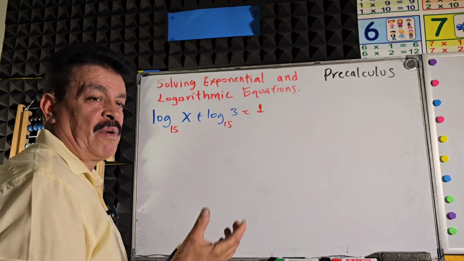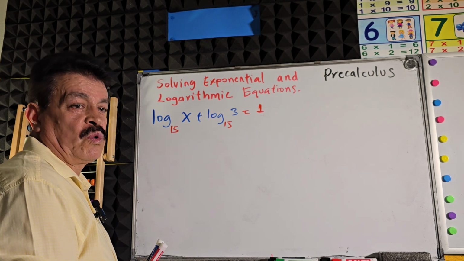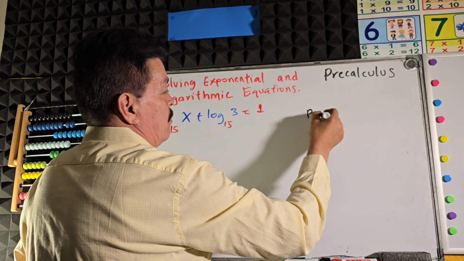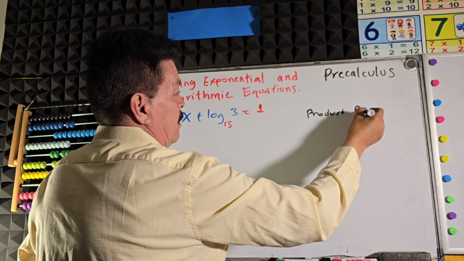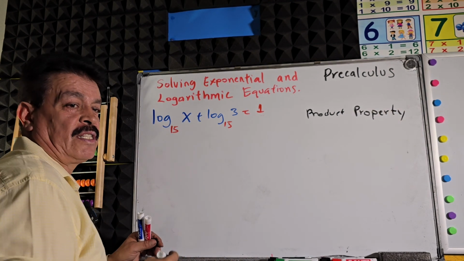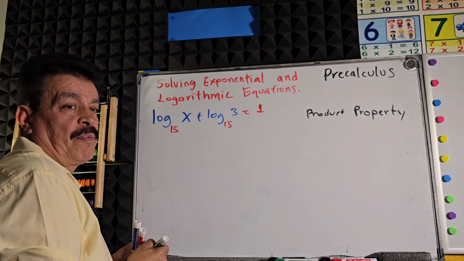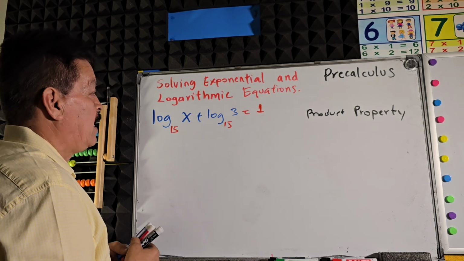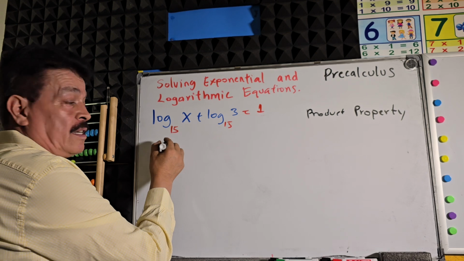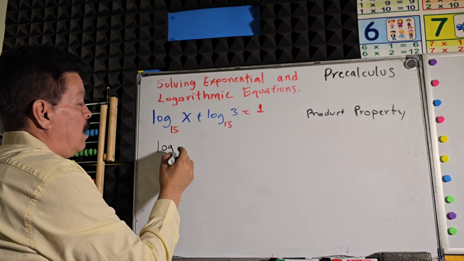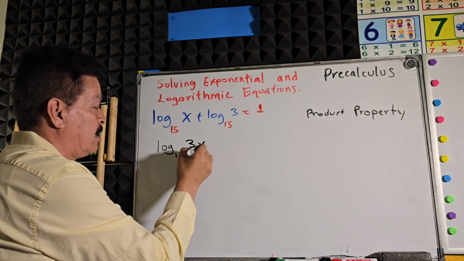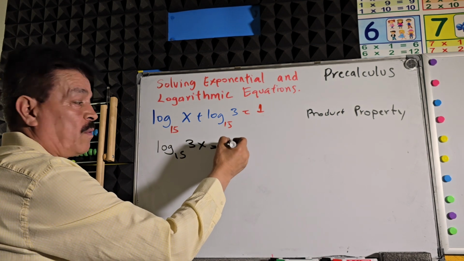As before, we have to use the product property immediately. If we use the product property, the next step is log with base 15 of 3x equals 1.